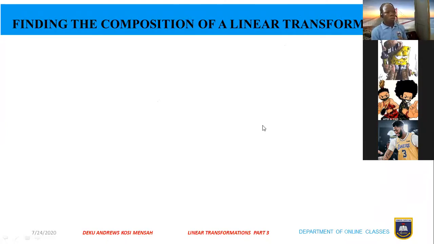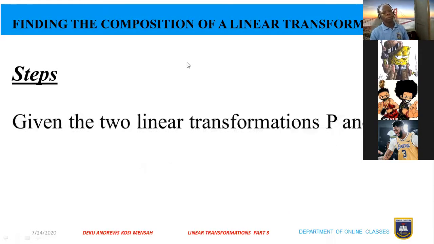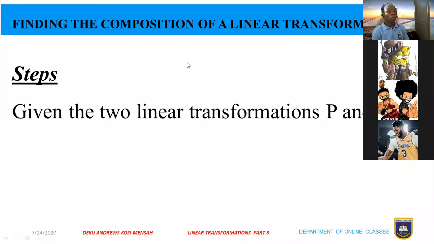Now, finding the composition of a linear transformation. We want to see how we can find the composition of two or more transformations when you are given them. The steps involved are now: given the two linear transformations, P and Q, we are assuming that the two transformations there, P and Q, are linear.